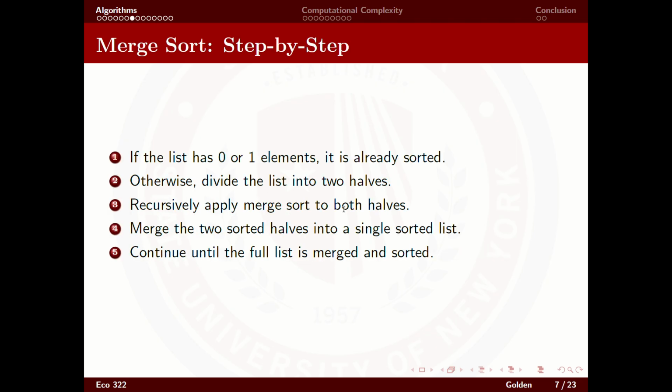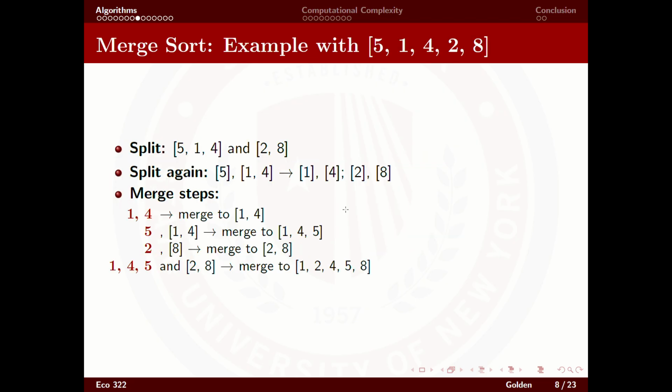Merge sort: if the list has 0 or 1 elements, it's already sorted. Otherwise, divide the list into 2 halves, recursively apply merge sort to both halves, merge the 2 sorted halves into a single sorted list, and continue until the full list is merged and sorted. So you split into 2 slightly smaller halves.